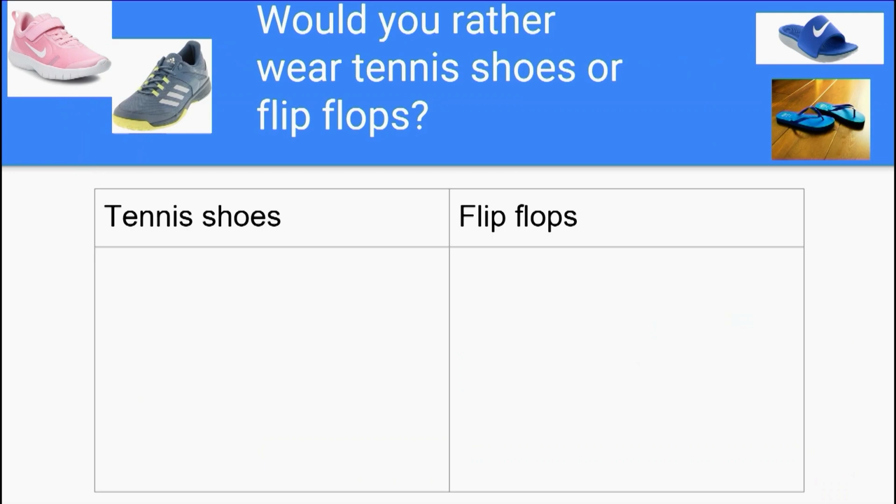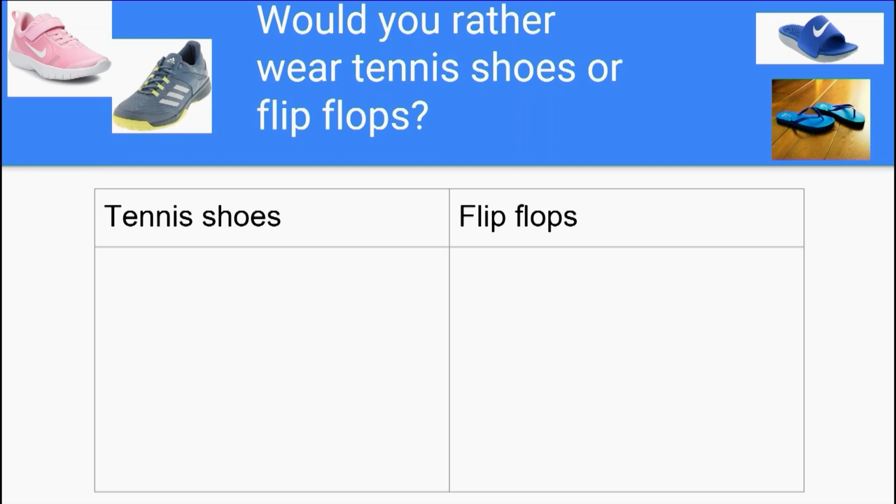You're going to collect data about whether you would rather wear tennis shoes or flip-flops. How can you use blocks or Legos to keep track of this survey data? You can use a block or a tally for each person. You may use one color for tennis shoes and another for flip-flops.